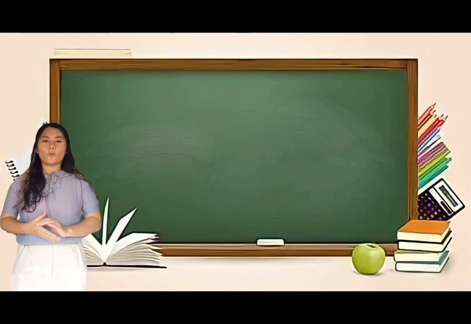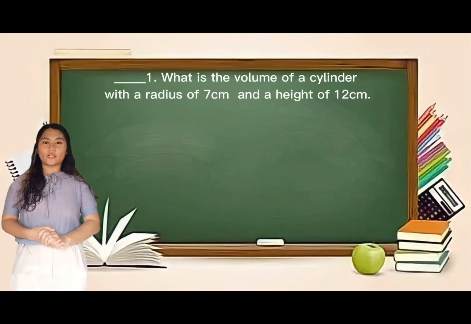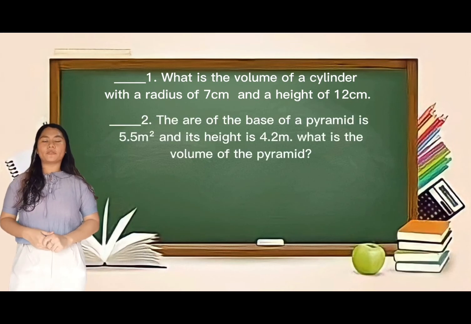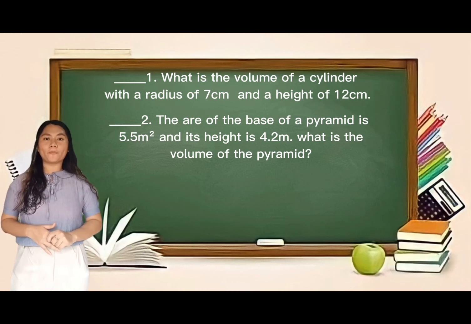Number 1. What is the volume of a cylinder with a radius of 7 cm and a height of 12 cm? Number 2. The area of the base of a pyramid is 5.5 meters squared and its height is 4.2 meters. What is the volume of the pyramid? Number 3.